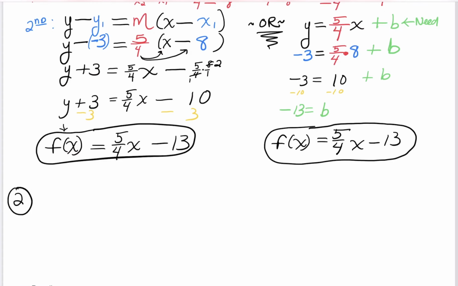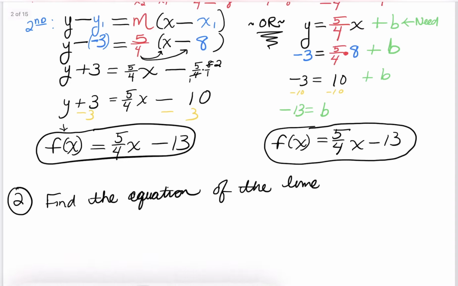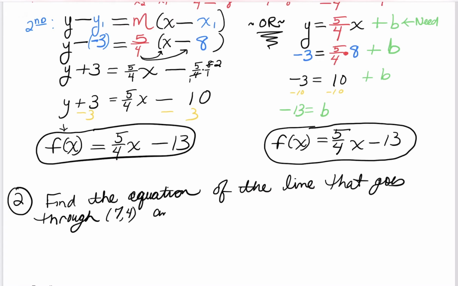So on number 2, suppose that we were asked to find the equation of the line, not lime, find the equation of the line that goes through, and I'm going to give us a couple of points here, that goes through 7, 4, and 7, -2.